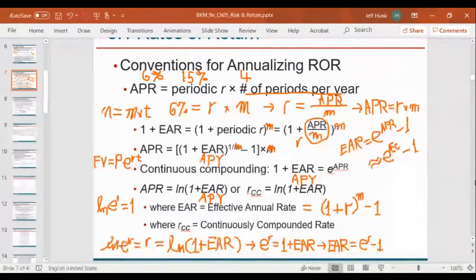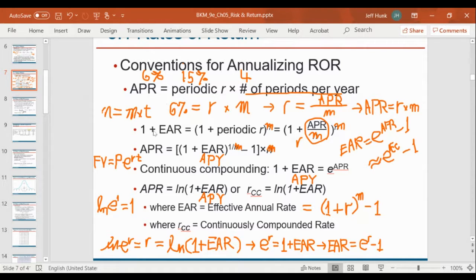Let me go back and reiterate what we talked about in the last 5-minute segment of the last video. Basically, we use annual percentage rate for the annualized rate of return, and APR is the simple interest rate, right?